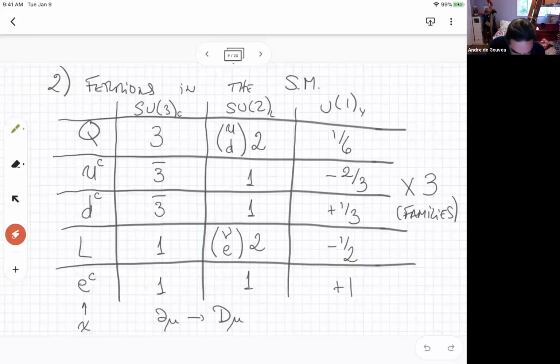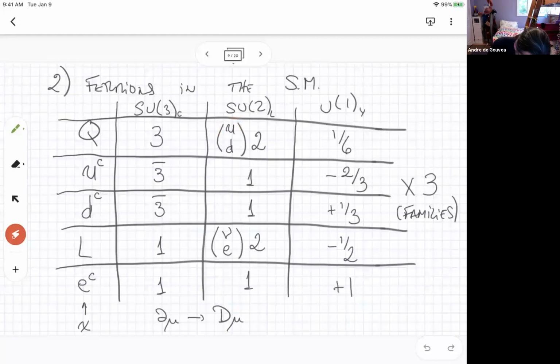So again, these are the fermion fields in the Standard Model. I wrote it using only these left-handed fermions, which is why we have these fields with C's in them. And if you are confused by this, the way that you want to think about this is the following. If I look, say, at the Q field, it has a U in it. And what this field does is that it destroys left-handed up quarks.